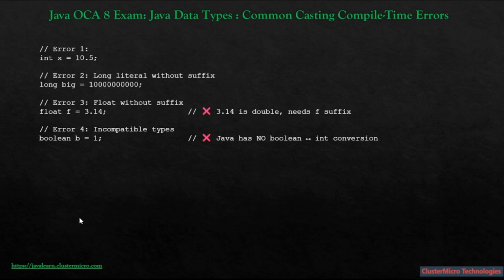And then boolean b. In Java a boolean can hold only false or true, so it cannot have a 1 here. In other languages you probably can have 1, but in Java it is true or false only. So boolean b = 1 is incompatible, and that will be a compiler error. The other thing is that true and false have to be in small case.